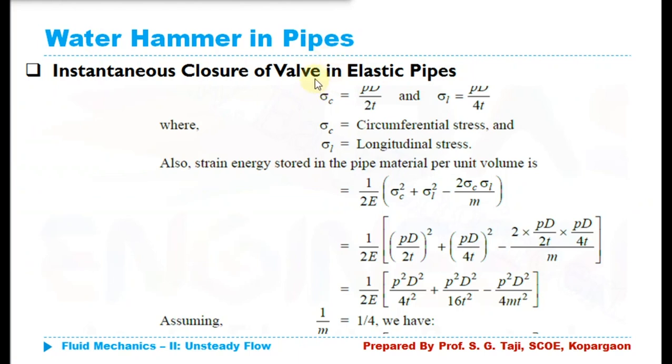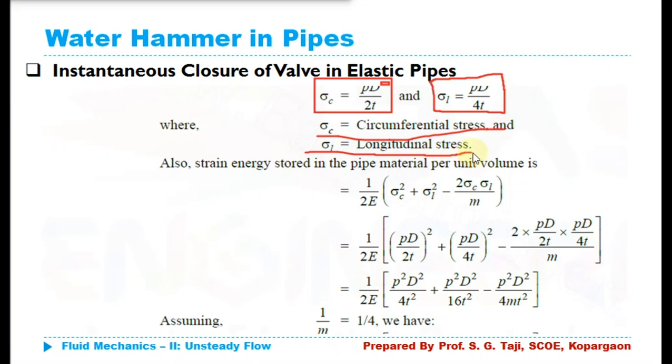Circumferential stress is equal to sigma C is equal to Pd upon 2T, where P is the pressure intensity and D is the diameter of the pipe or diameter of that particular pressure vessel. And next one is the longitudinal stress, sigma L is equal to Pd upon 4T. Now, those are the circumferential stress and longitudinal stress.